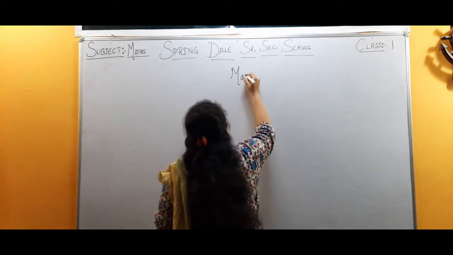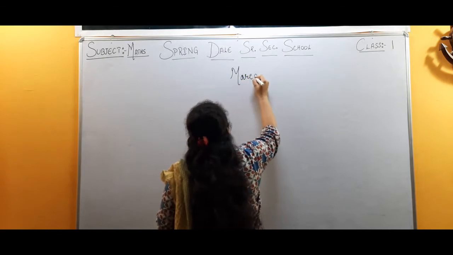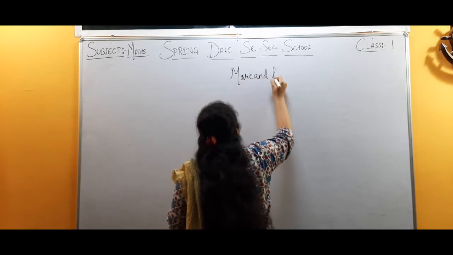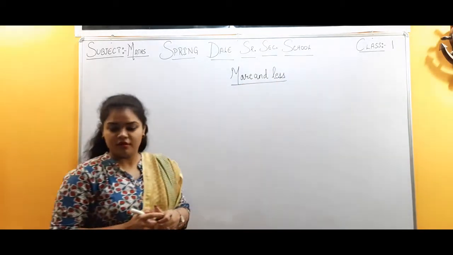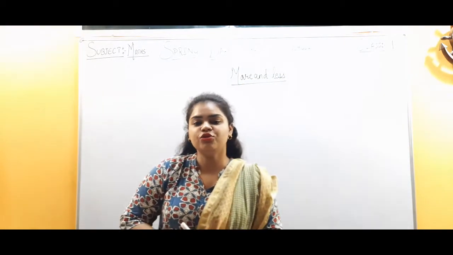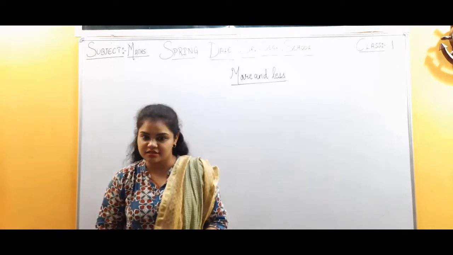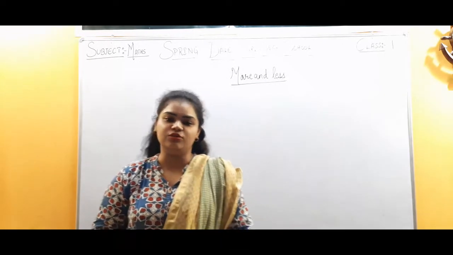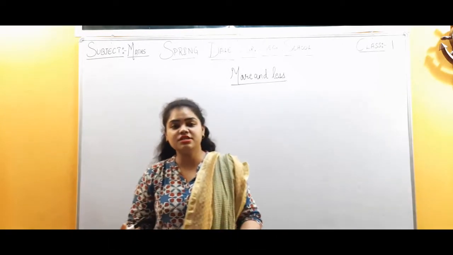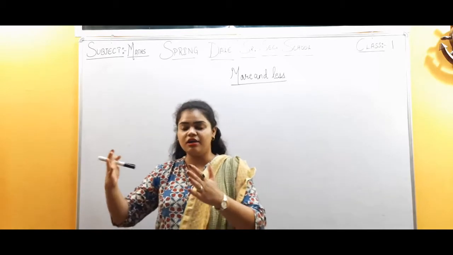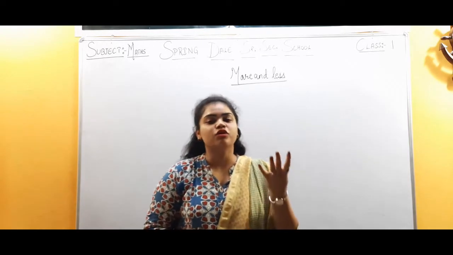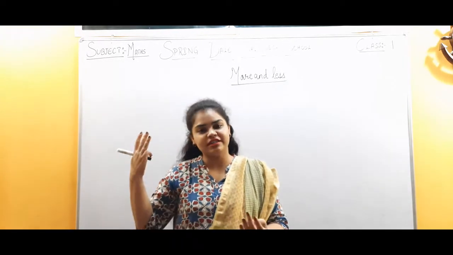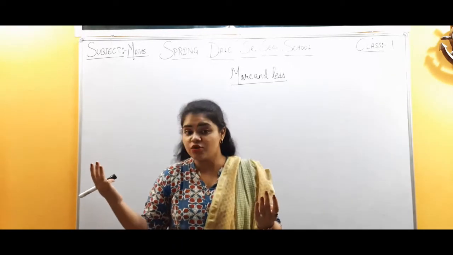Our topic is more and less. Okay children, do you know what is more and what is less? Okay, I'll tell you. For example, if you have 4 chocolates and your friend is having 3 chocolates, which one is more?